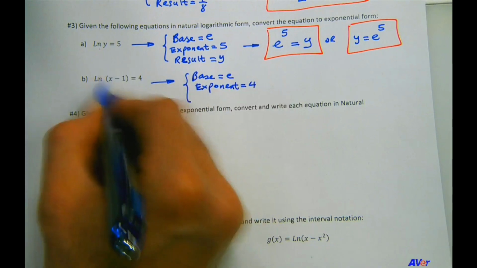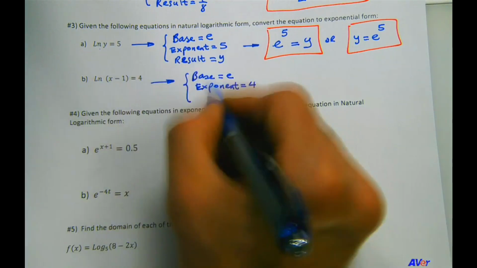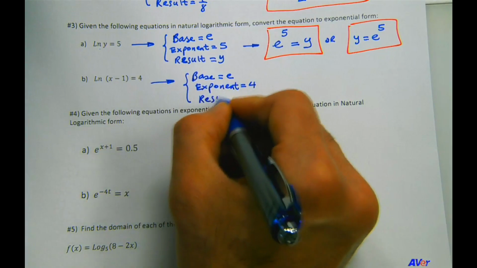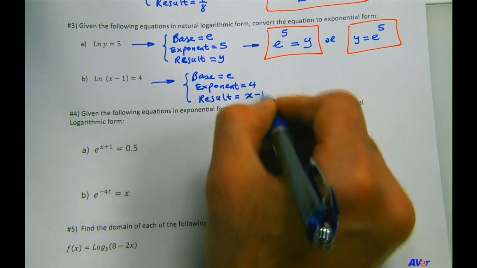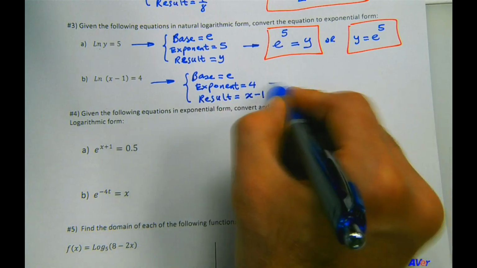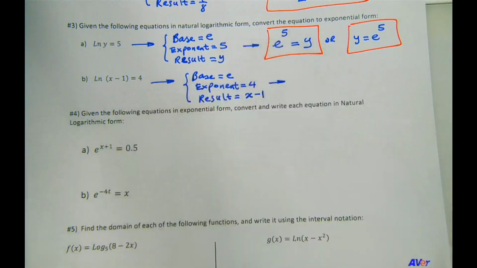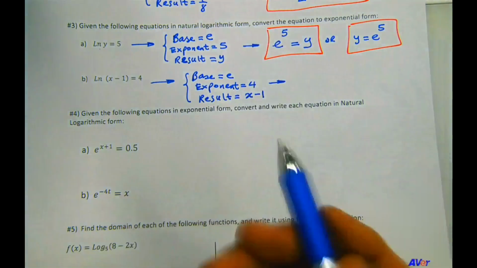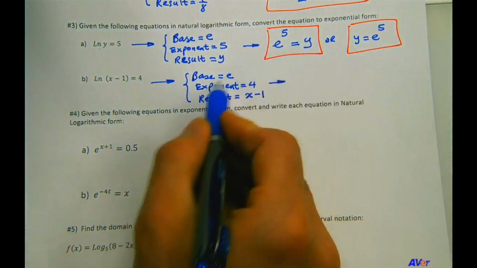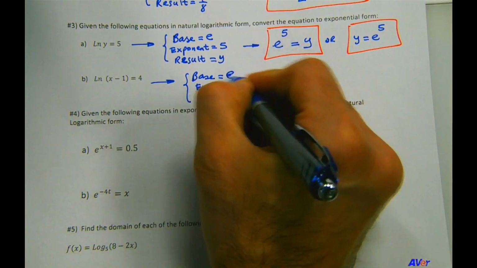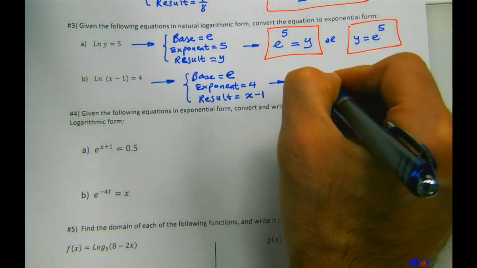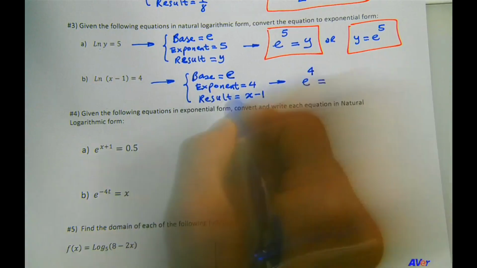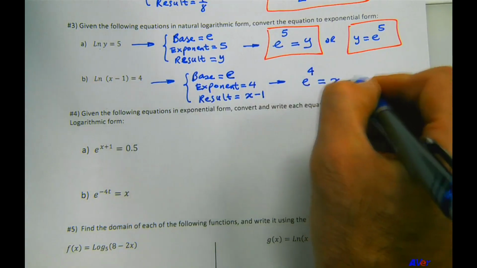The result is x minus 1. Okay, so let's piece this together again in exponential form. So we have base e to this exponent 4 equals this result, x minus 1.